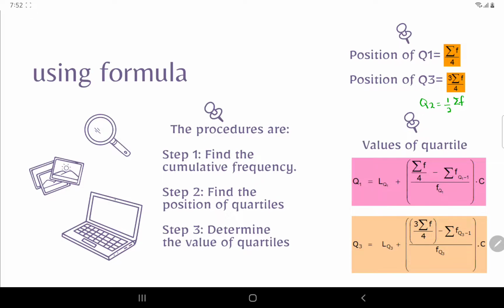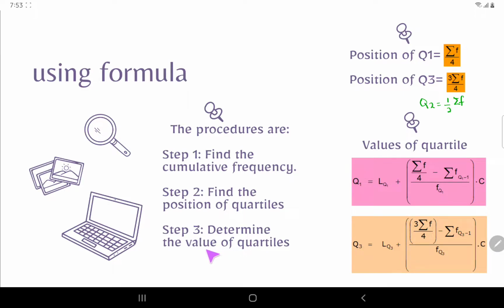Position for Q1 is 1/4 times the total frequency, Q2 is 1/2 multiplied by the total frequency, while Q3 is 3/4 multiplied by the total frequency. So this is the second step, where we need to find the position for quartile.